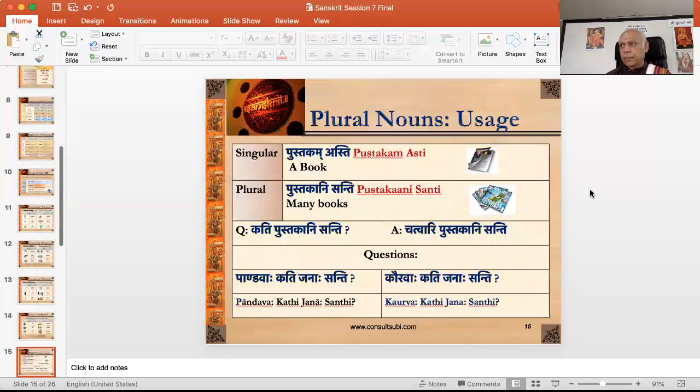How about the usages? If you say there is a book, pustakam asti. When you say plural, pustakani santi. There are many books or many magazines. Pustakani santi, patrikani santi.